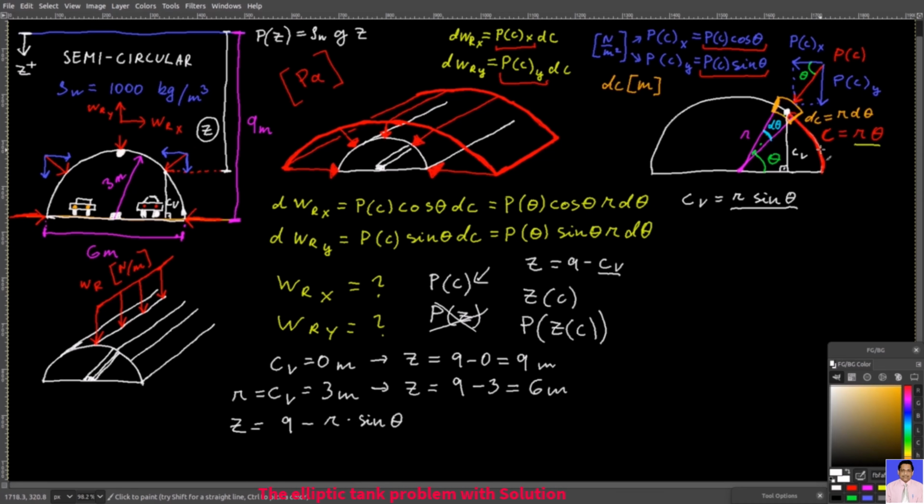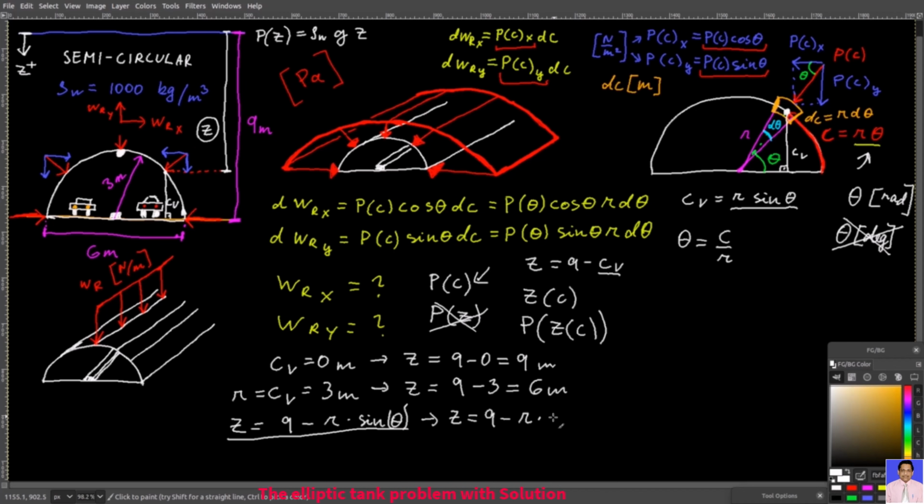Now note that the arc c can be calculated like this, r times theta, where theta is in radians, by the way. In here, theta must be in radians and not in degrees. So that means that you can say that theta equals c over r. That means that in this equation here, you can replace this theta with c over r. So you have z equals 9 minus r times sine and then c over r.